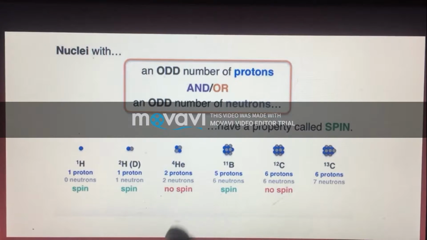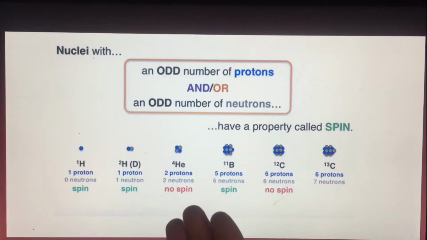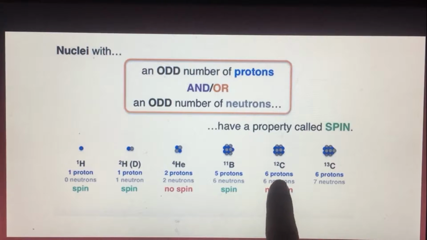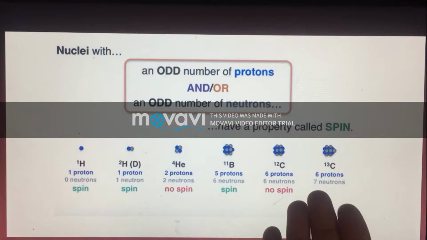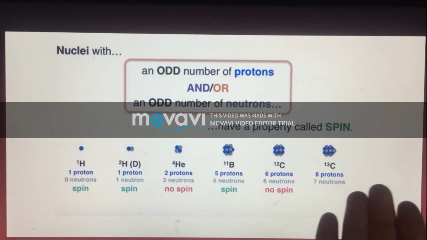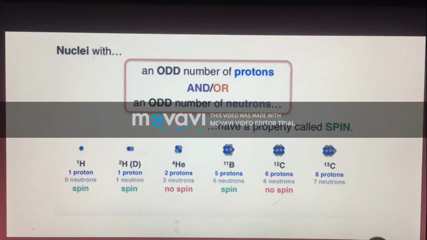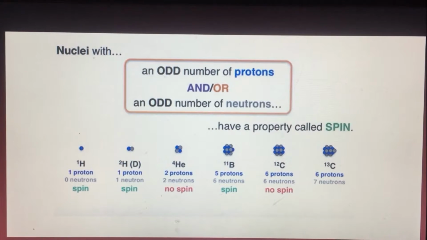This nucleus does not have an odd number of protons or neutrons, so no spin. We can't use helium for NMR. Okay. Similarly, carbon-12 has 6 protons and 6 neutrons. So no odd protons or neutrons, so no spin and no nuclear magnet. That's why we can't use it.